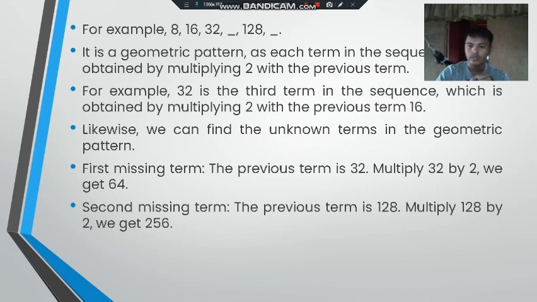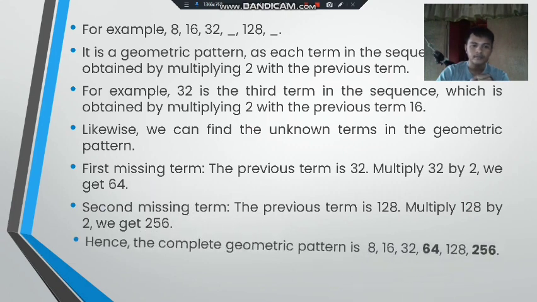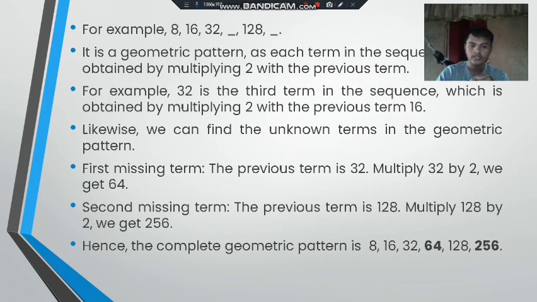Multiply 128 by 2, so we get 256. So the missing numbers are 64 and 256. Hence, the complete geometric pattern is 8, 16, 32, 64, 128, and 256.